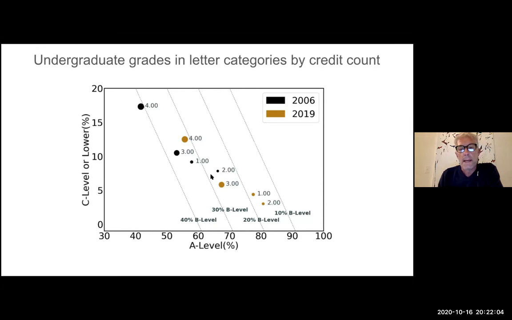In 2006, here are the black points. In 2019, here are the brown points. So there's been a movement toward more A's and fewer C's or lower at all types of courses over that period of time.